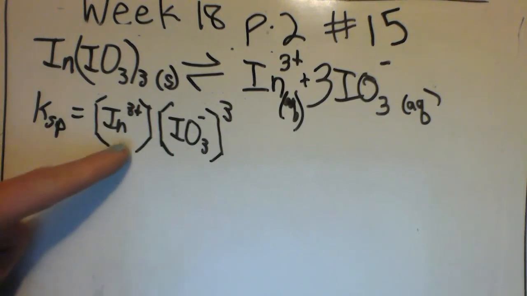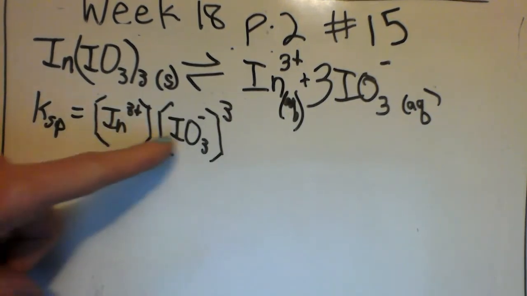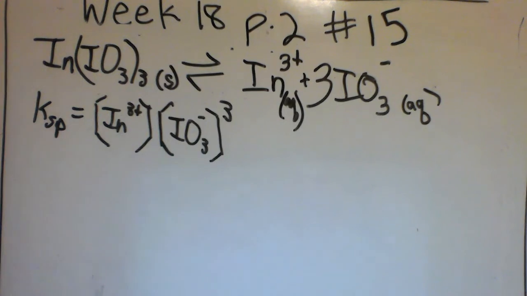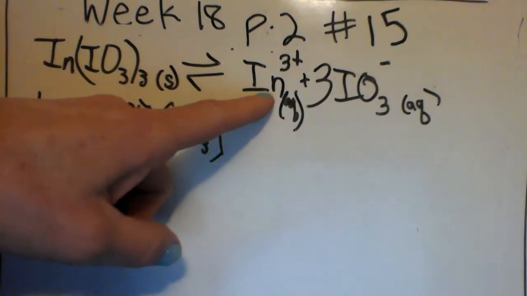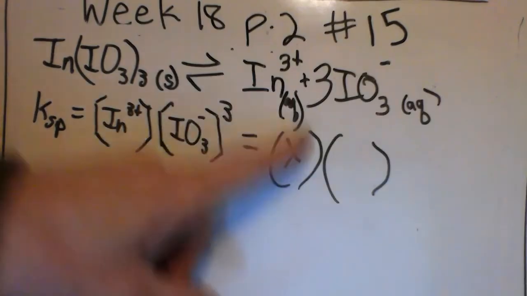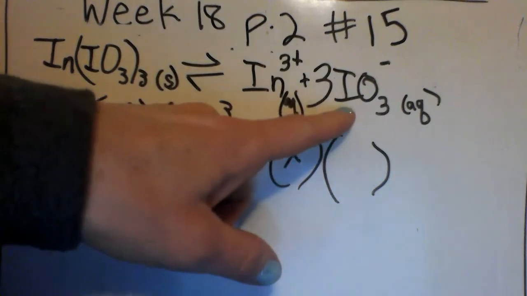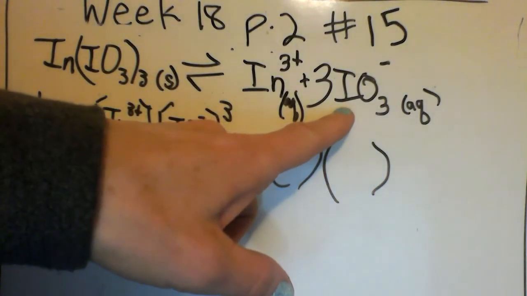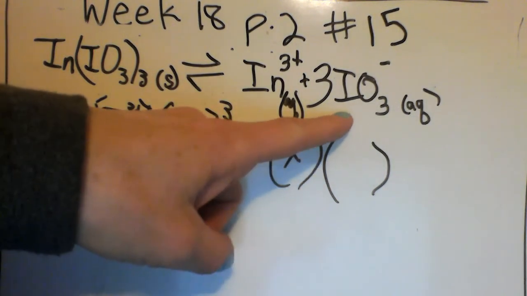We know that we can replace each of these concentrations with a variable. Since there's only 1 indium, we'll replace indium with an X. For every 1 indium, there are 3 iodates. So we can call iodate 3X.